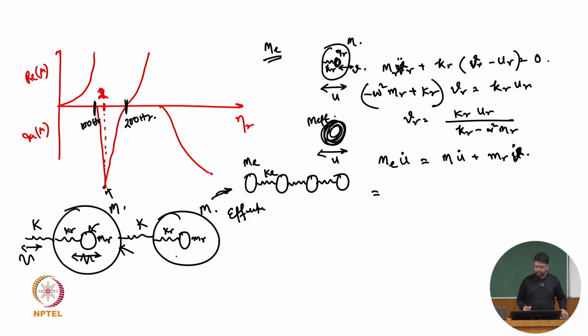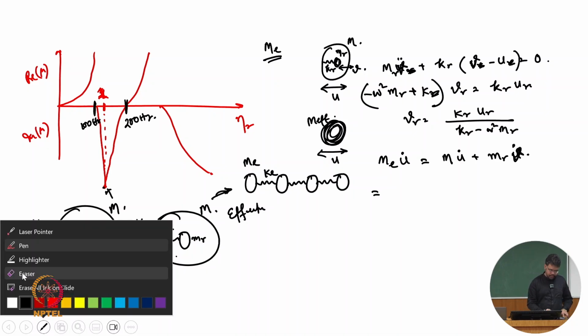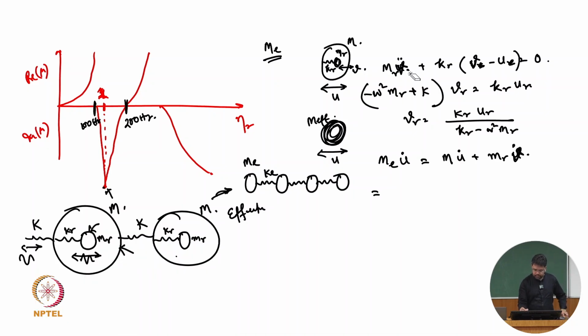Okay, sorry, my u and v notation was wrong, let me correct that. In the k and m there will be the subscript r, but not in the u and v. So what can we write?